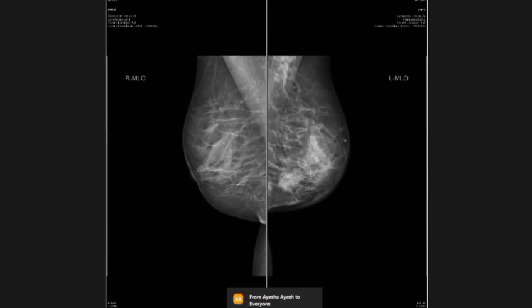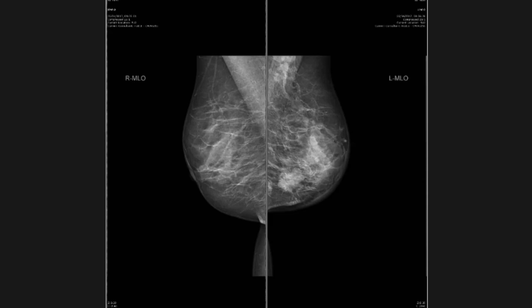With the MLO view of right and left breast with the ACR pattern 2 in the given left breast area, I am able to appreciate a coarse trabecular pattern of the breast with a radiopaque density in the inferior and middle border of the breast, having irregular margins with overlying skin thickening, and a few large lymph nodes are also seen in the left axilla.